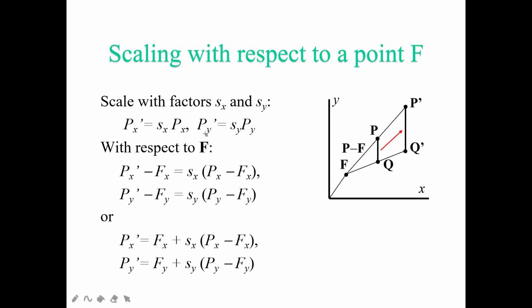Similarly, for the y coordinate, p dash y equals the old value of y multiplied with the scaling factor. And suppose I want to scale with respect to f, which is a fixed point, first I have to find out the distance. How can I find it? The total distance from origin to p is p, and from origin to f is f. So from p to f it will be p minus f.